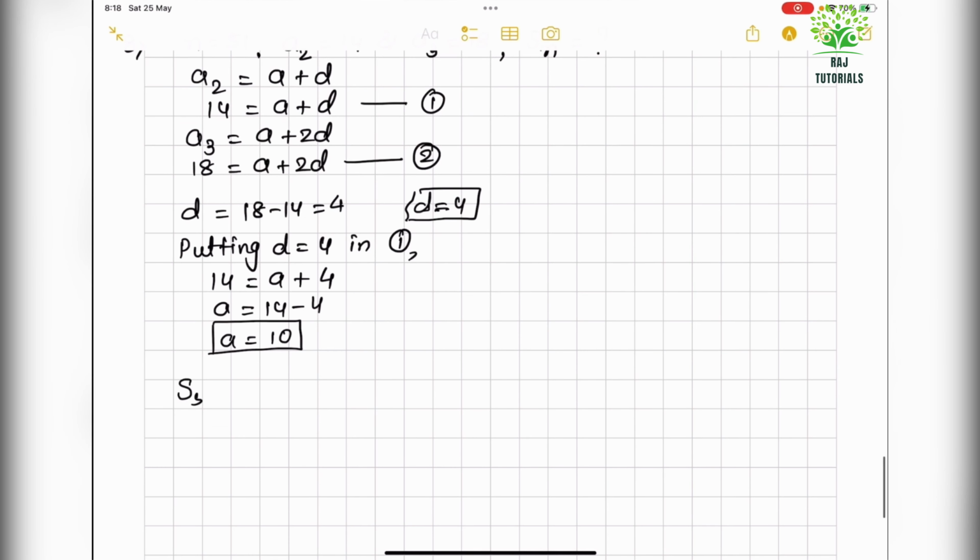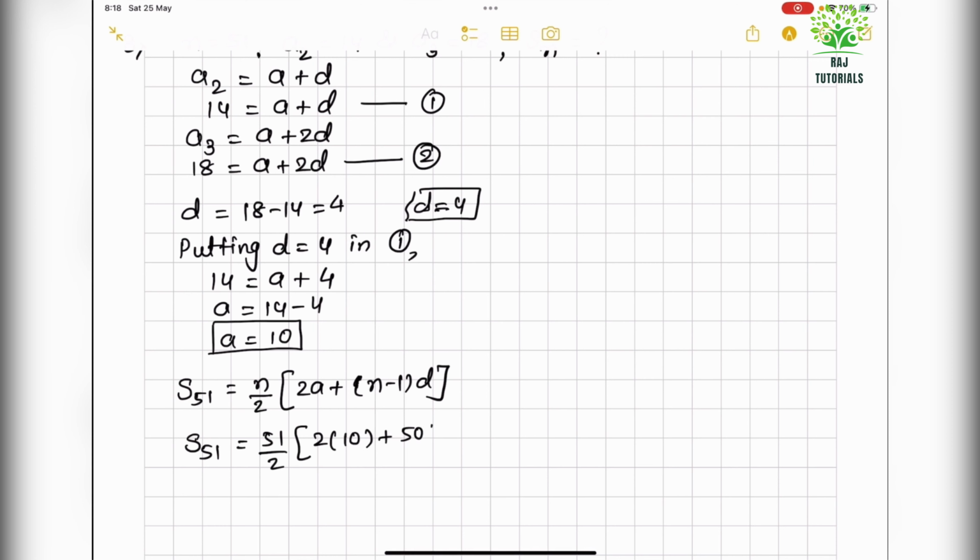So S51 equals n by 2 into (2a plus (n minus 1) d). So S51 equals 51 by 2 into (2 into 10 plus 50 into d). d is 4, so this will be 51 upon 2 into (20 plus 200).